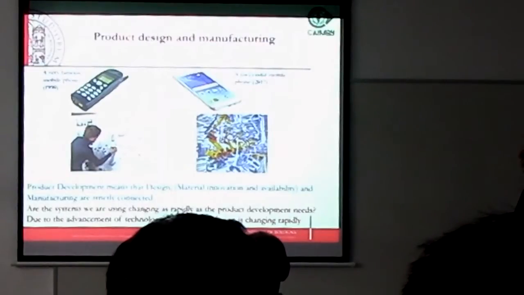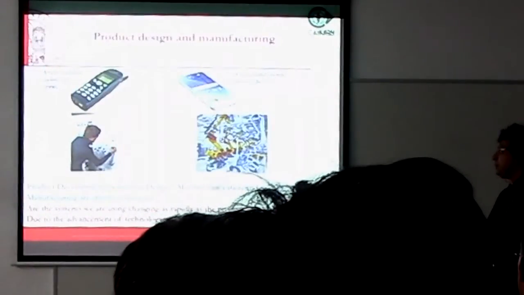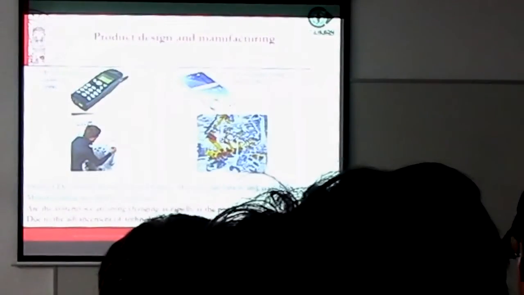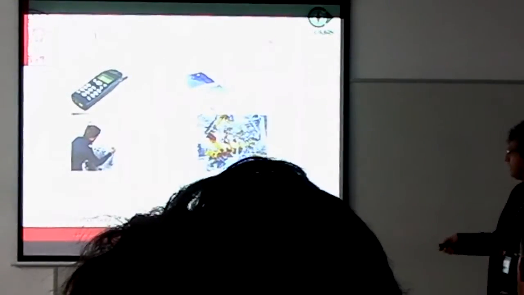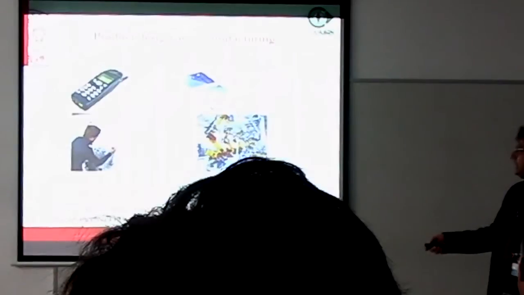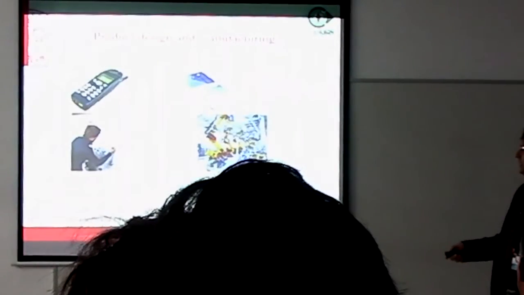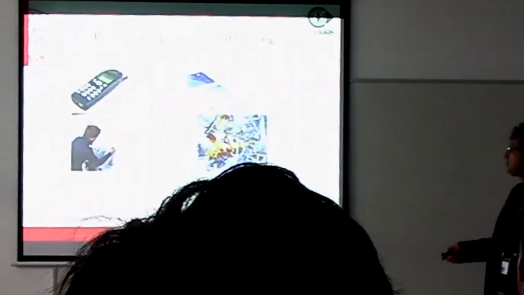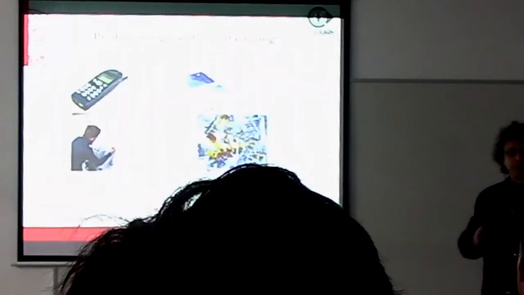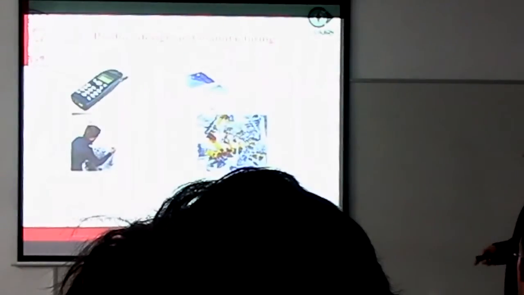So, product development, as we perfectly know, means an integration between design, I put materials in this way, but of course it's an important input, and the manufacturing. All these aspects have to be integrated. Another question should be, are the systems we are using changing as rapidly as the development needs? I don't know. If I consider Siemens, probably yes, but I'm not sure.